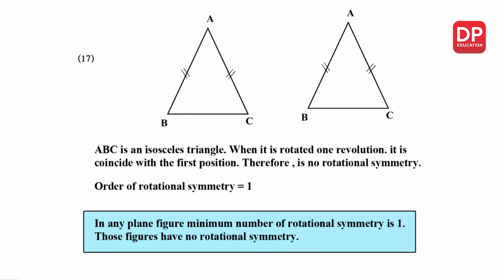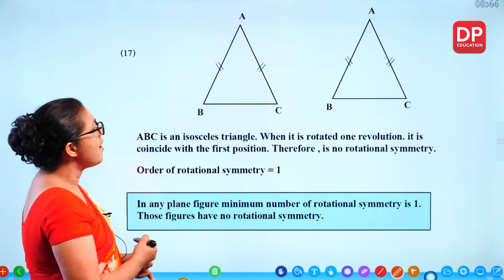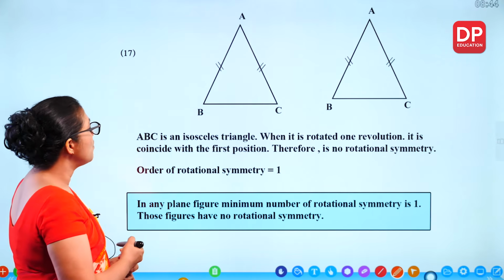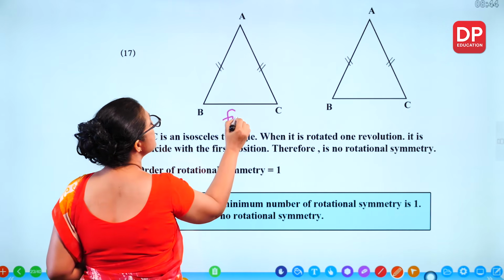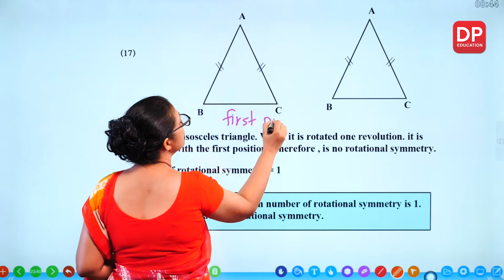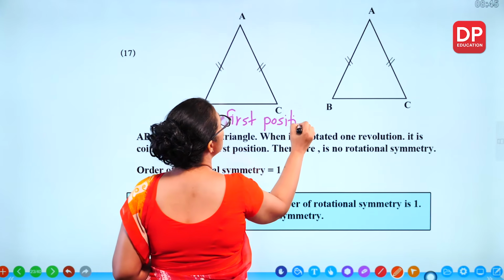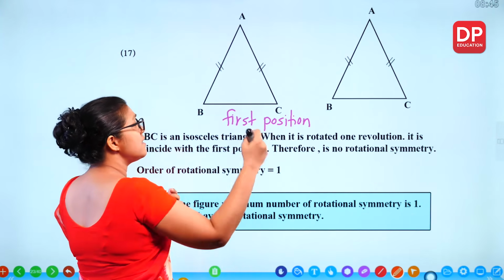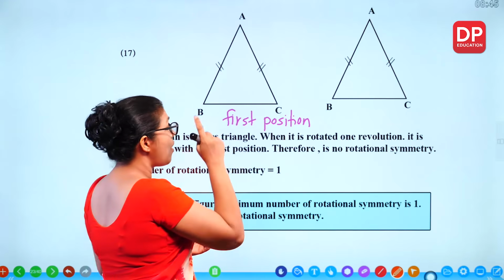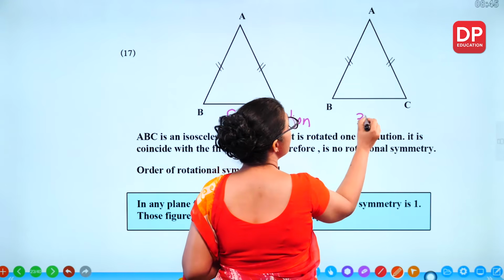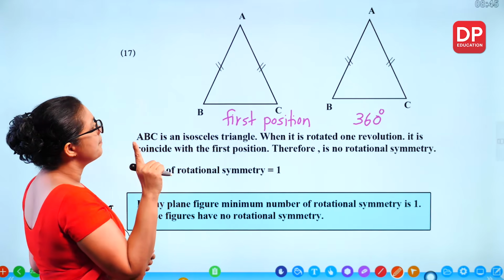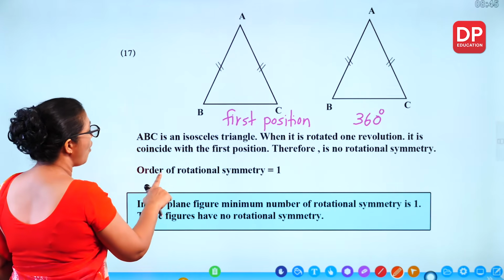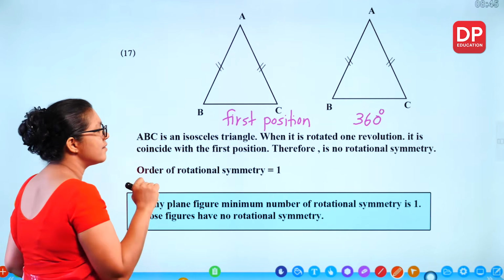This is an isosceles triangle ABC. When it is rotated one revolution, it coincides with the first position. So if this is the first position, you need to rotate around one full revolution, that means 360 degrees, to get the same shape. So we say the order of rotational symmetry is 1.